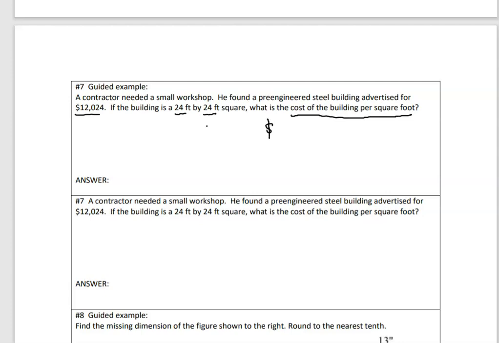So we're looking for dollars divided by square foot. So I know the dollars part. I can find the square foot by doing 24 foot times 24 foot. Okay, 24 times 24 is 576 feet squared.